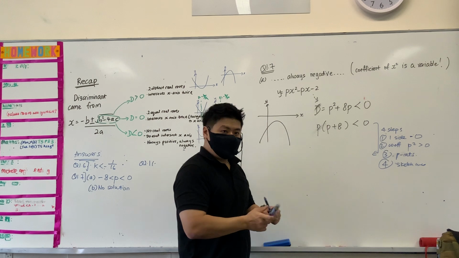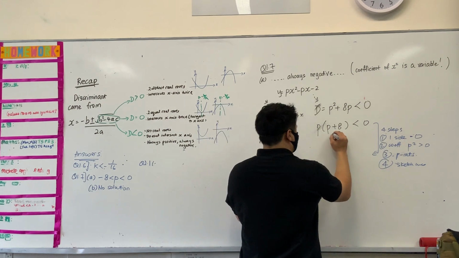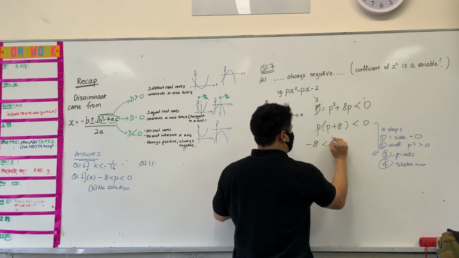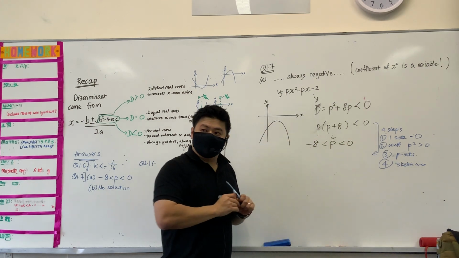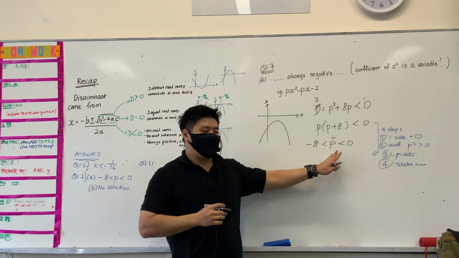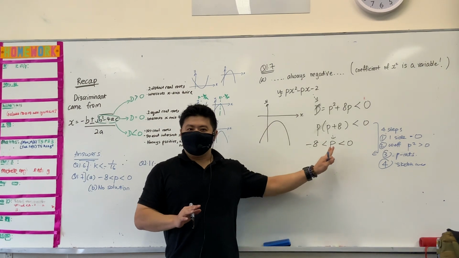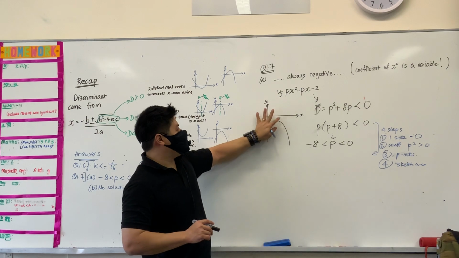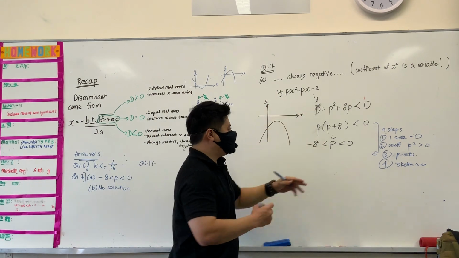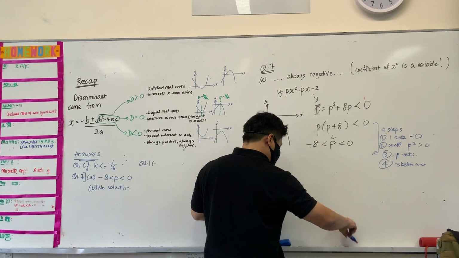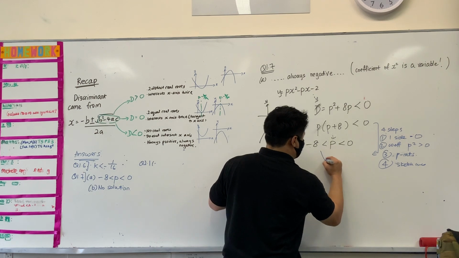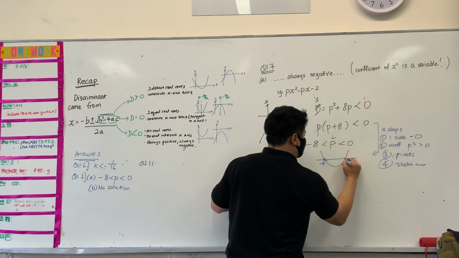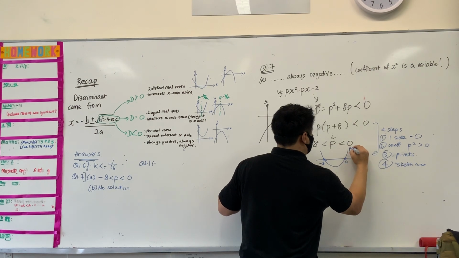So when you do this, your p will be between -8 and 0. Here when you sketch a curve, it's different from the original curve. This curve is for y. This curve, let me use blue color, you are sketching this: p bracket p plus 8.